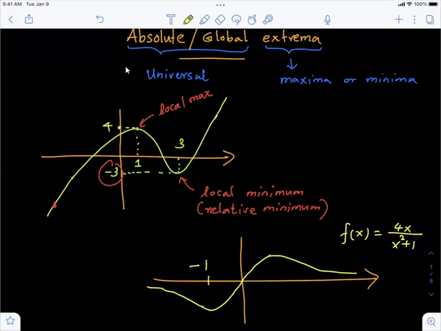Extrema occurred at -1 and +1, corresponding to -2 and +2. What is the biggest y value this function can achieve? It is none other than 2. What is the smallest y value? That is none other than -2. It cannot go beyond those two boundaries.